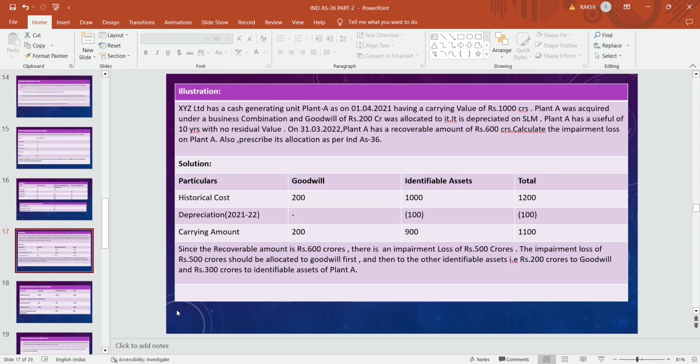That impairment loss, firstly we will allocate to the extent of goodwill, that is 200 crores, and the remaining is to be set off with the identifiable asset, that is plant A. So carrying amount after impairment loss is: goodwill will be 0, and identifiable asset is 900 minus 300 crores, it becomes 600 crores.